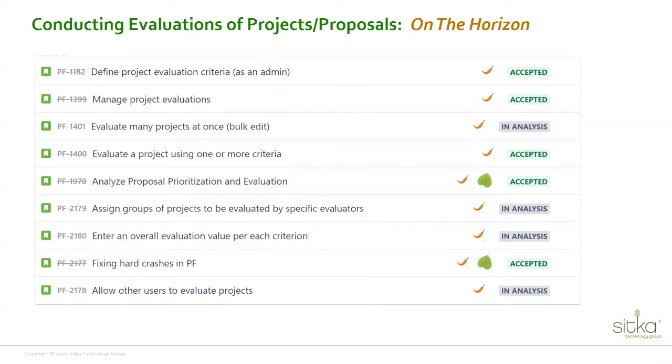So if you have 10 people evaluating a project according to its biological benefit, let's say, you get a high, a medium, a high, a low, a medium. What does that ultimately resolve to as a single number? And so we would want to support that. So those are some of the things that are on the horizon.